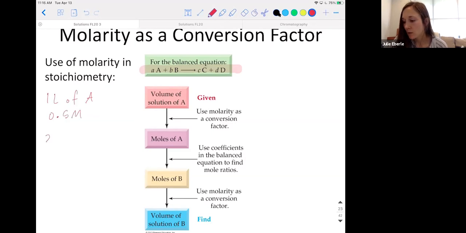And then you want to know what volume of B should I react with this solution of A. I know my molarity of substance B is 0.25 molar. Okay, this is the kind of question. It'd be a full-on word problem, but at the heart of it, this is the style of question.